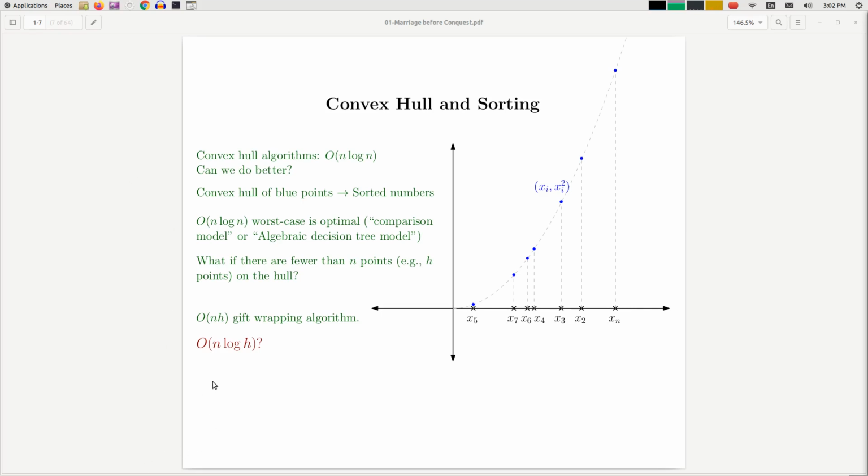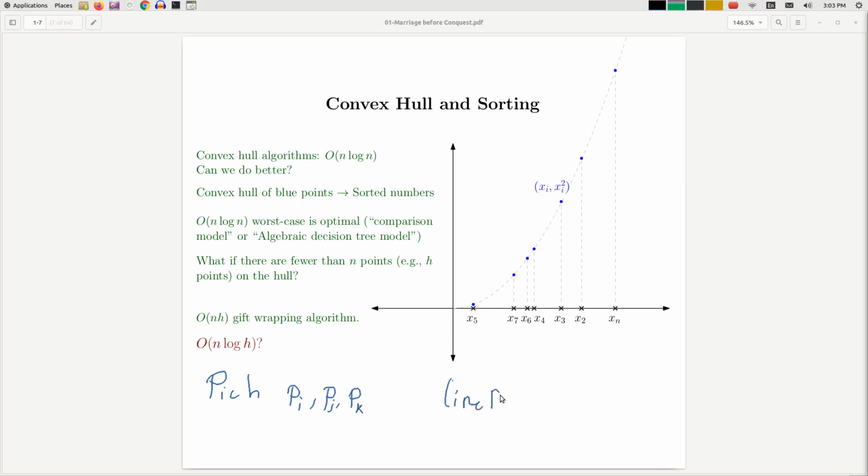So the only operation that we're allowed to do for these algorithms is this: the algorithm can pick 3 points, say PI, PJ, and PK, and ask whether the line through PI, PJ goes above or below point PK.